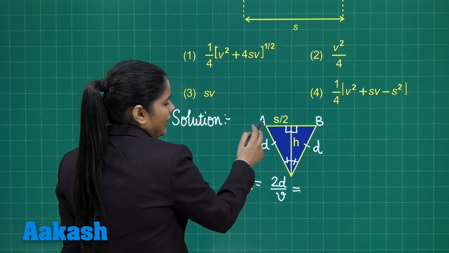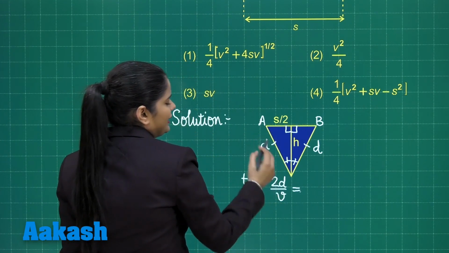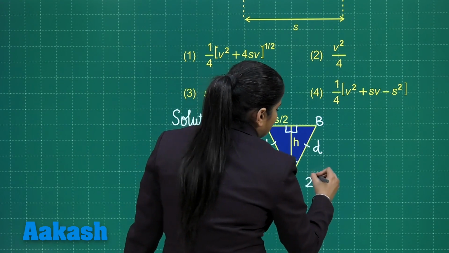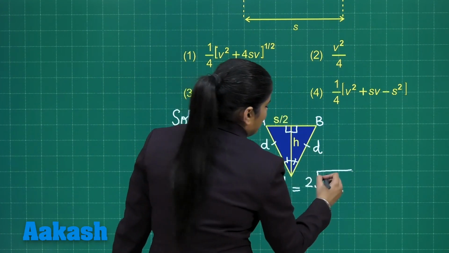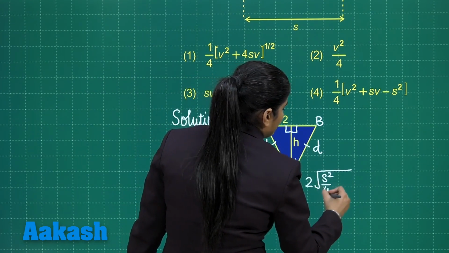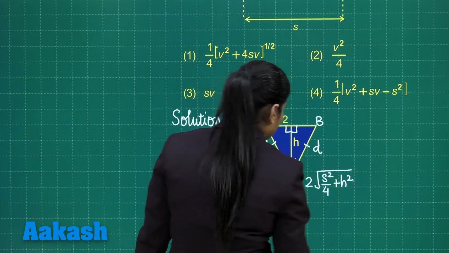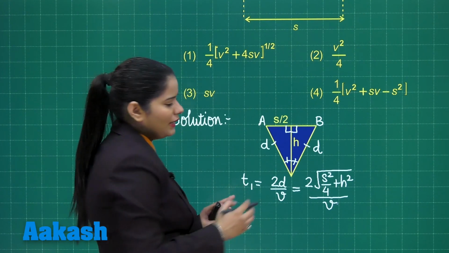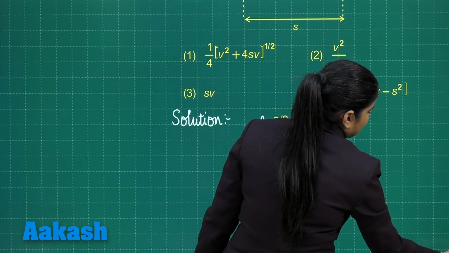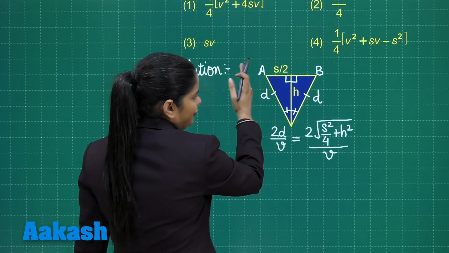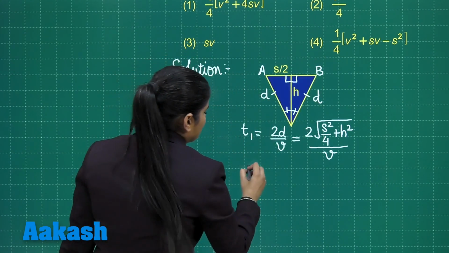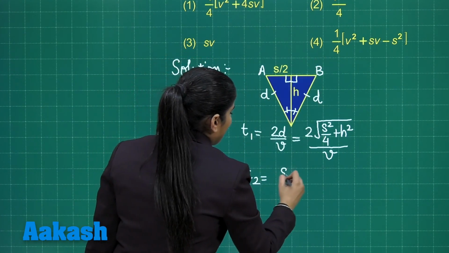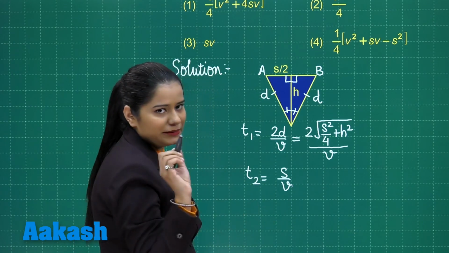D is the hypotenuse of this right angle triangle, and hence that can be written as square root of s square by 4 plus h square, okay, divided by v. This is T1. T2 is the time taken by the sound to reach B when it goes straight. So T2 will be S by V, simply.